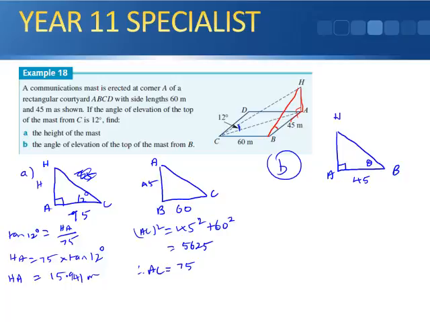I worked out H, and I know HA is 15.94. So again, I've got my tan theta equals 15.94, etc., whatever it was, divided by 45. And when I do inverse tan, I get 19.507 degrees.